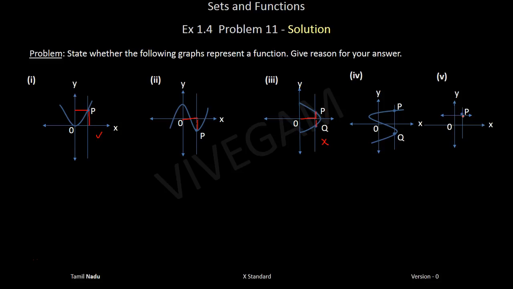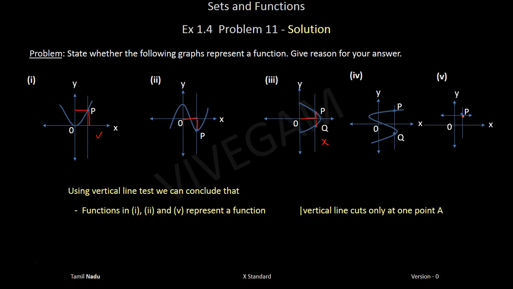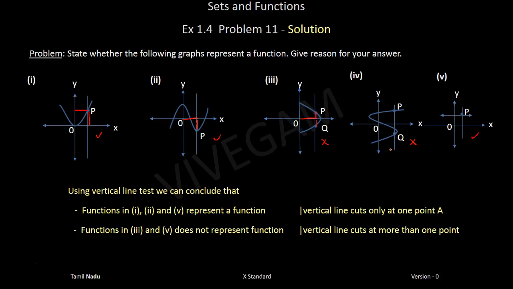So, using the vertical line test, we conclude that this is a function, this is a function and this is a function, whereas these two are not functions because they are cutting at more than one point. So, that is the way we will have to work.